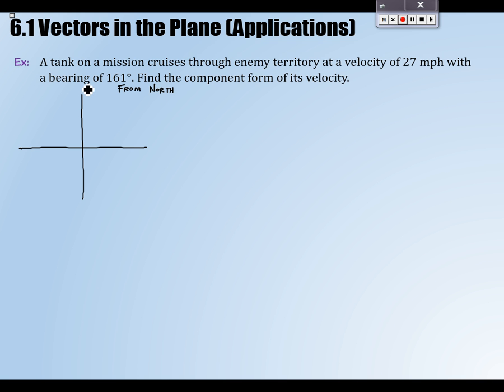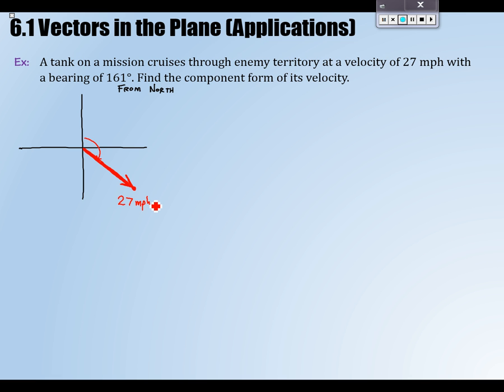So here's north, and this tank, we mean it's headed in this direction. 161 degrees from north, that is from north, measured clockwise, 161 degrees. So this is the direction in which the tank is going. And the length of this red directed line segment is 27 units. Well, how about 27 miles per hour long?